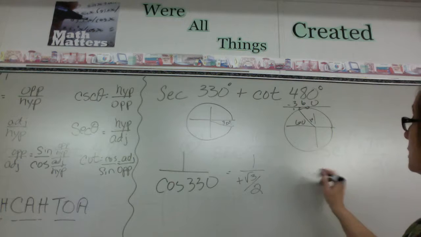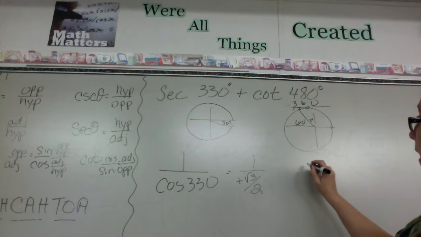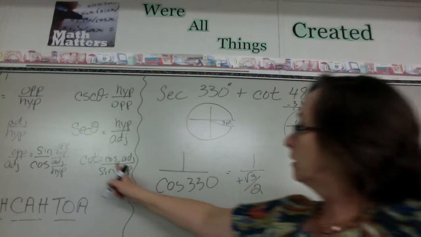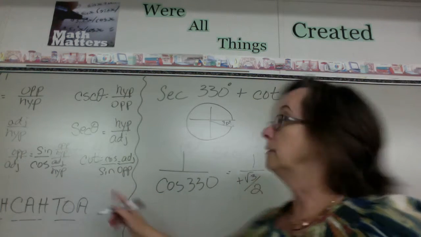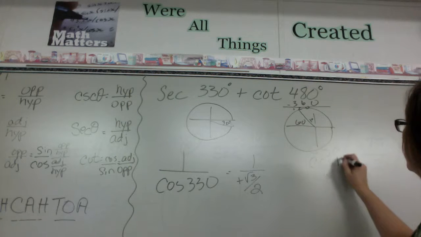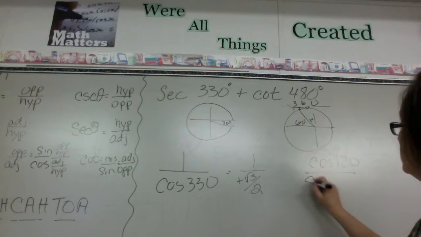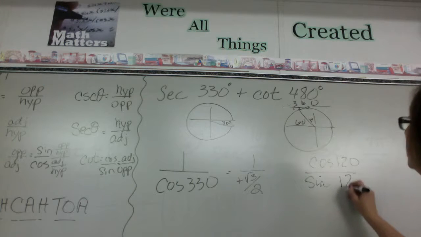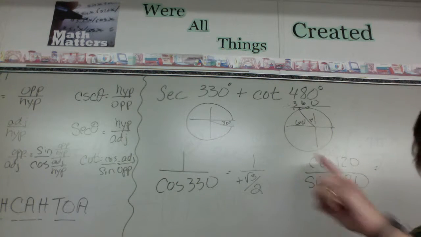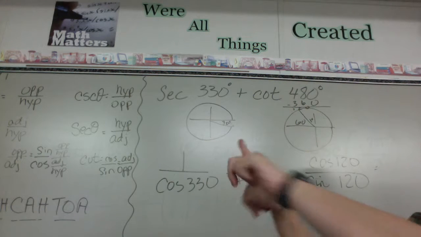Cotangent is the cosine over the sine. So the cotangent is the cosine of 120 over the sine of 120, okay? And we know that the cosine of 120 has a 60-degree reference angle.